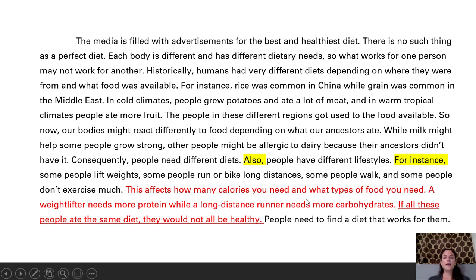This paragraph shows us that connection. If all of these people ate the same diet, they would not all be healthy. So going back to that main idea that a healthy diet is different for every person. This seems simple, but it's pretty hard to add cohesion to paragraphs.